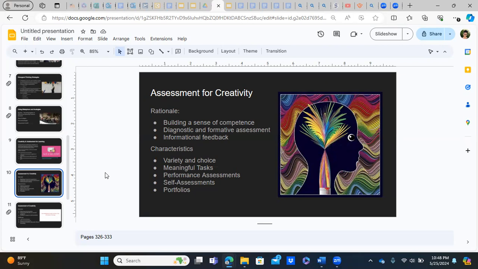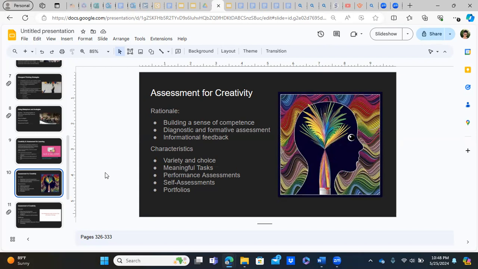The characteristics that we want for assessment, good assessment, is building in both variety and choice. Variety in assessments is essential in order to provide information needed for pre-assessments, formative, and summative assessments. One of the basic principles of universal design is multiple means of expression, multiple ways for students to show what they know.